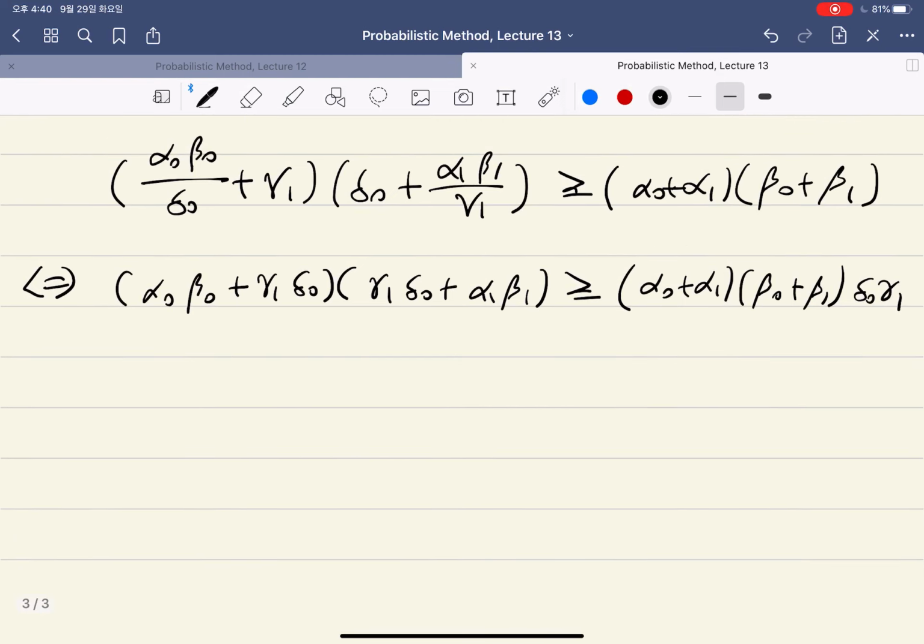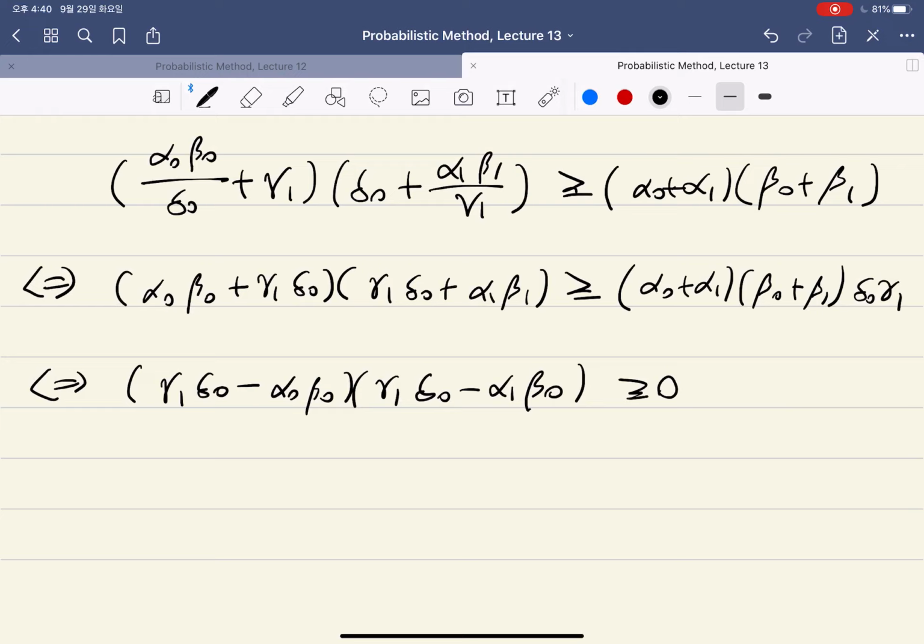Again, by computing it, you can actually check that this is equivalent to this. You can check it for yourself.